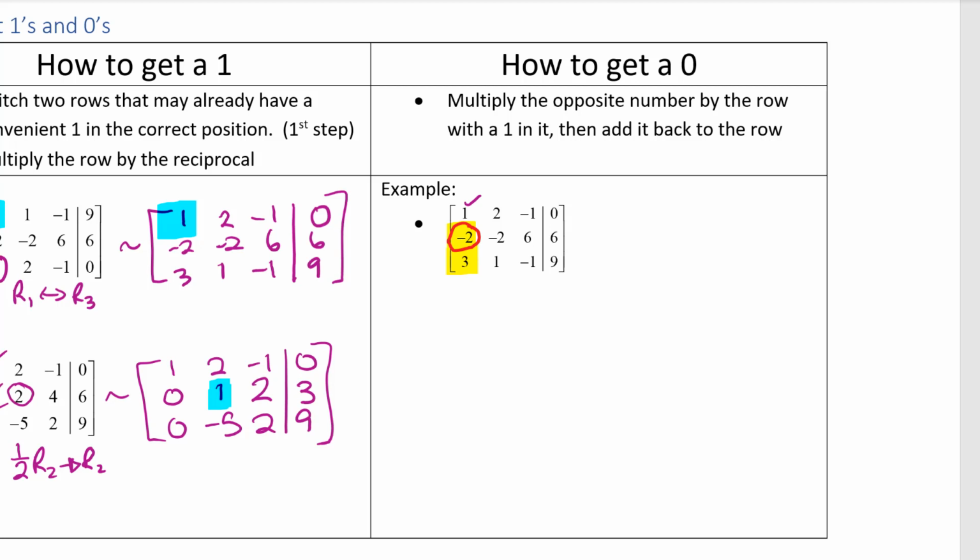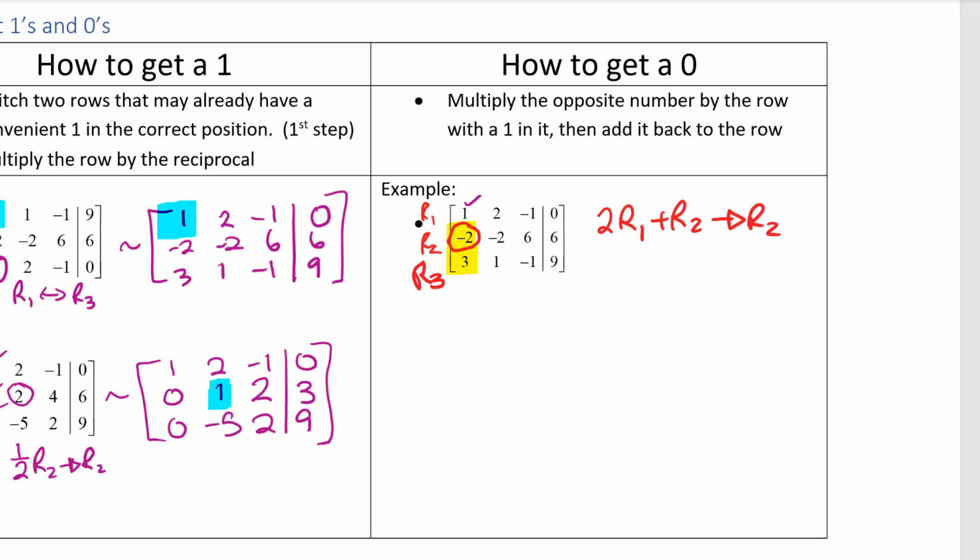The way I do that is I take the opposite of -2, which is +2, times the row with a 1 in it. Well, which of the three rows is the row that has the 1 in the position that is above or below it? So it looks like row 1 is the row that has the 1 in it. And add it back to row 2, then put that into row 2.